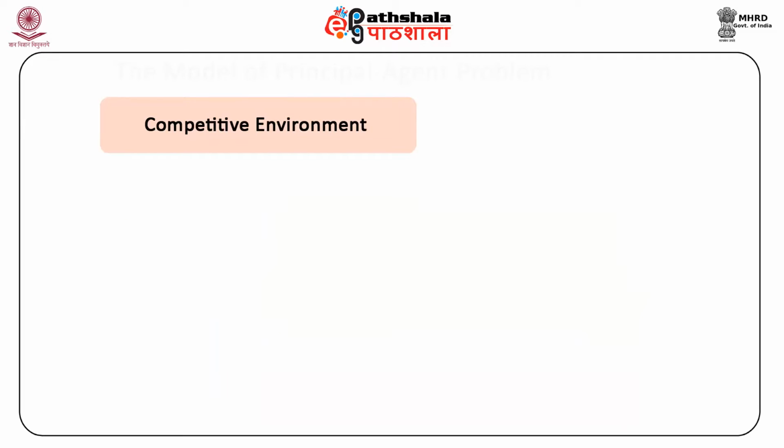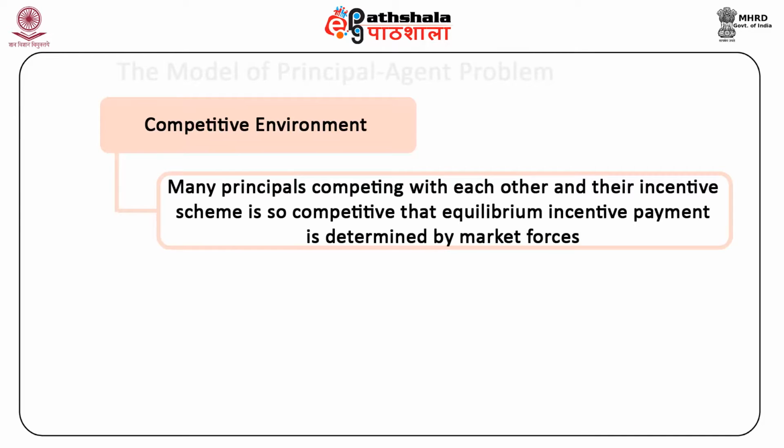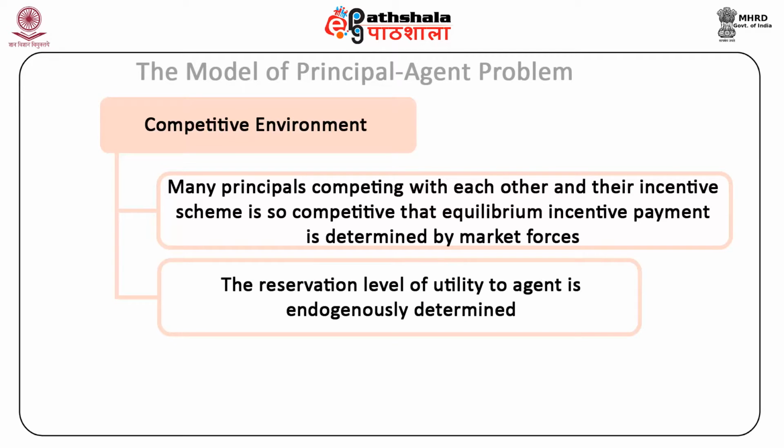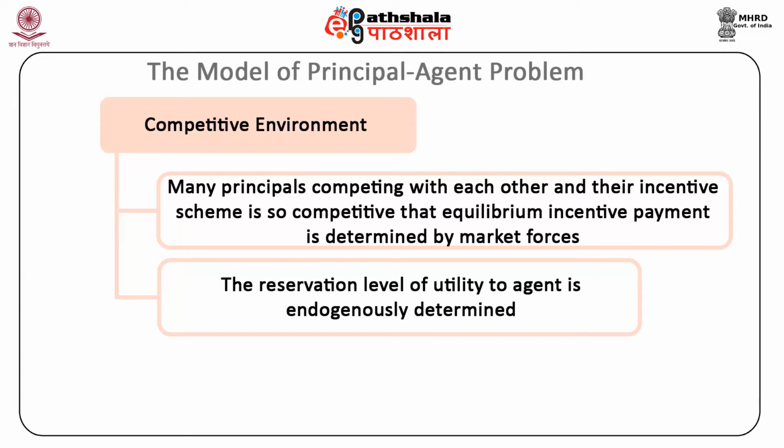In competitive environment, there are many principals competing with each other and their incentive schemes are so competitive that the equilibrium incentive payment is determined by the market forces. In monopoly environment, the reservation level of utility to the agent is exogenously determined because it depends upon some unrelated activity.